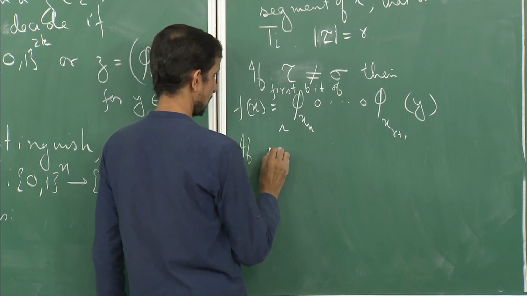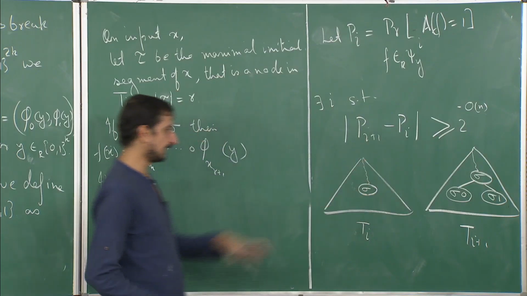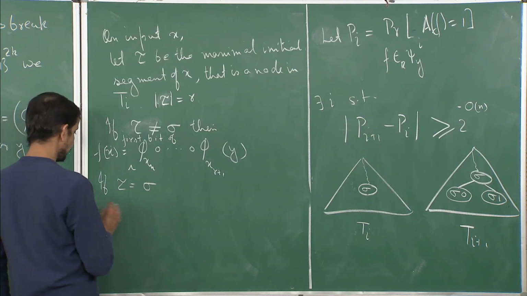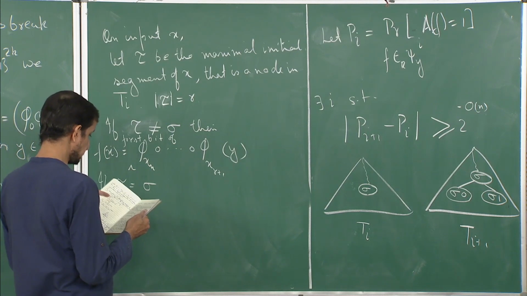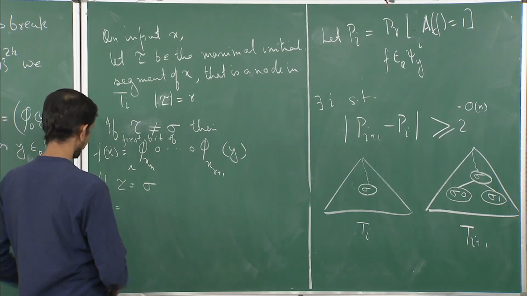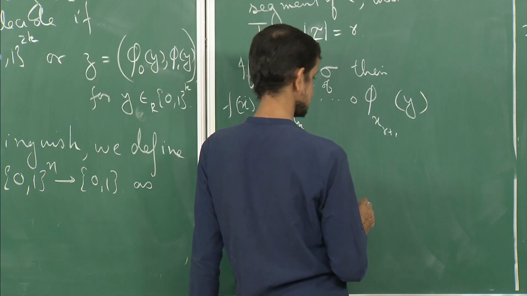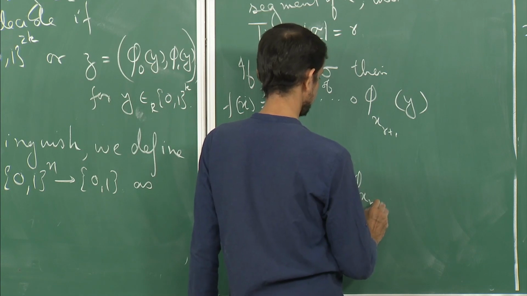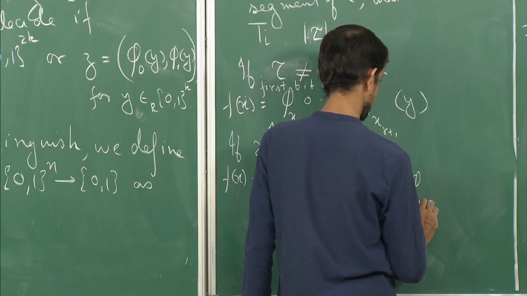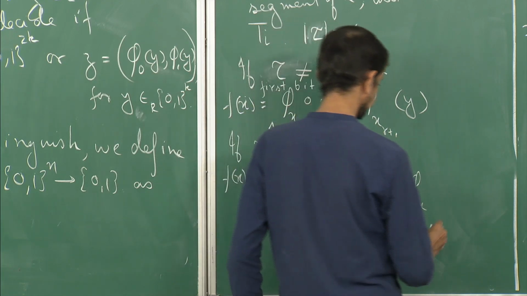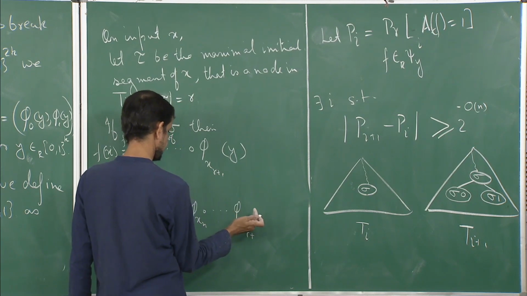And if tau equals sigma, okay, so basically let's say that it went to this node and then it went ahead, then what we do is that f of x is equal to the first bit of phi xn composed with phi x r plus 2.